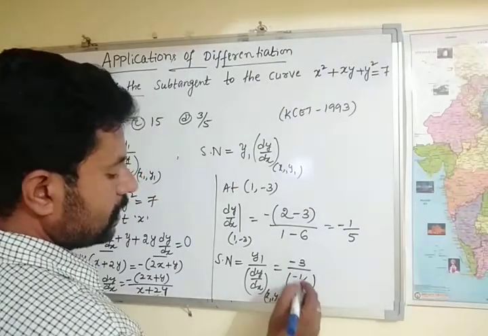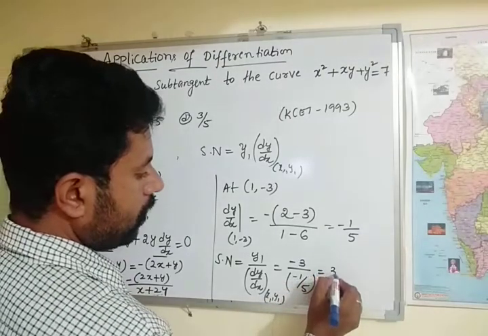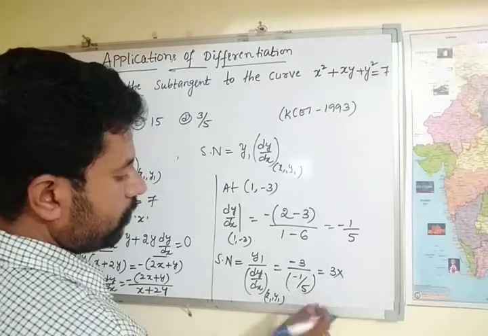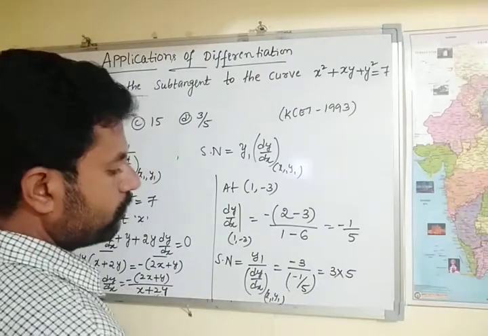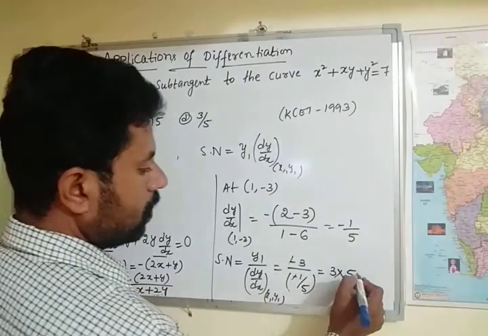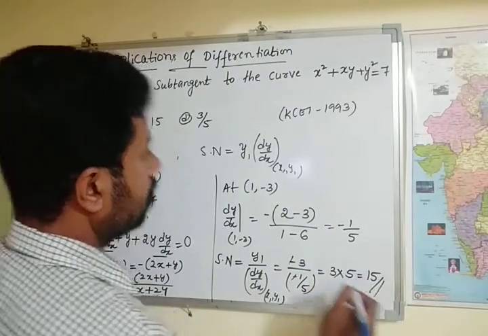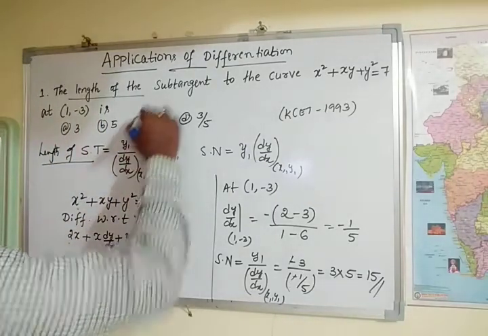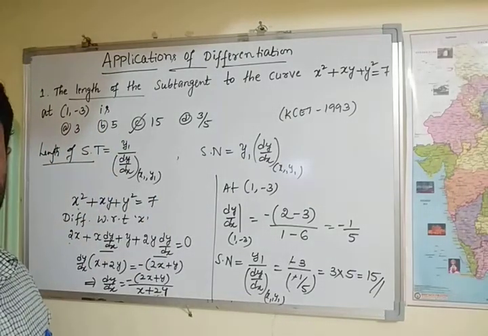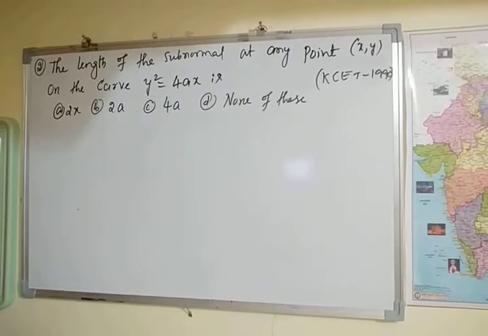The minus gets cancelled. Then 3 into the reciprocal of 1 by 5, which is 5 by 1, is 5. Minus gets cancelled. It is equal to 3 into 5, which is 15. Option C is correct.